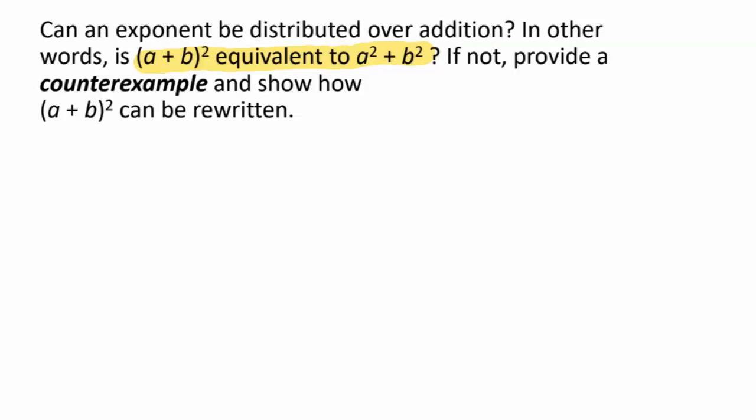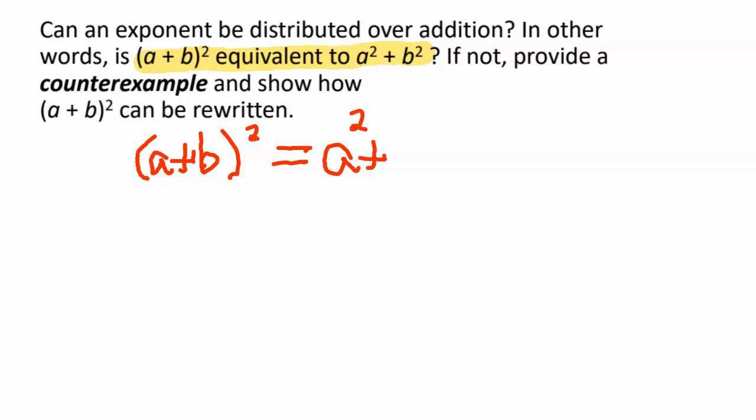Well, that is saying that we have a plus b squared. Now, equivalent means equal. Now, it says, if not, provide a counter example and show how a plus b squared can be rewritten. Well, they're telling you what to do.